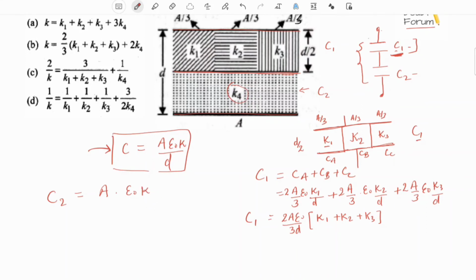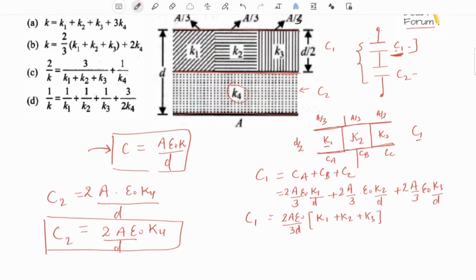In case of C2, the dielectric constant is K4 divided by the distance between the plates, which is d by 2. So the value of C2 will be equal to 2A epsilon naught K4 divided by d.